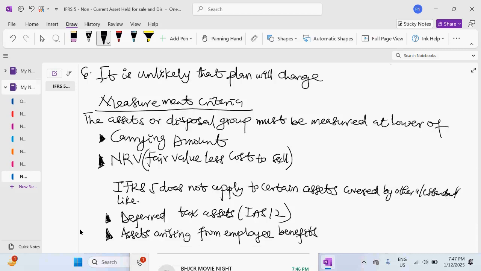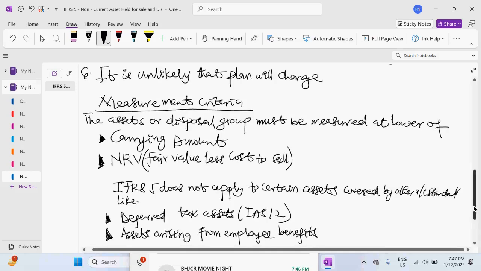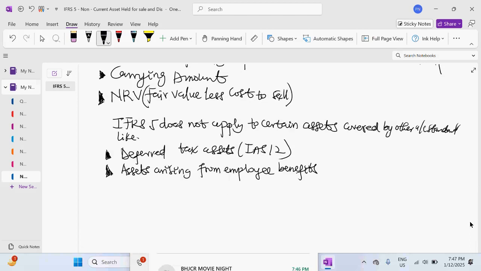If, let me say this, after 1 year there is no potential buyer, then you have to reclassify the asset from a non-current asset held for sale. It may be you have done all the conditions that I highlighted, advertised, but there is no potential buyer.